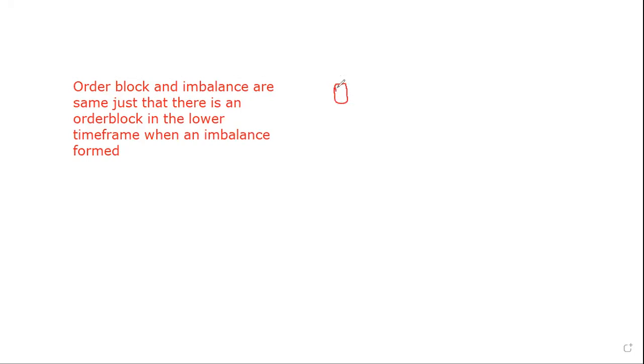A particular candle, let's assume this is a bullish market. The market was actually going up. Now, a particular candle made price push downward very quickly.